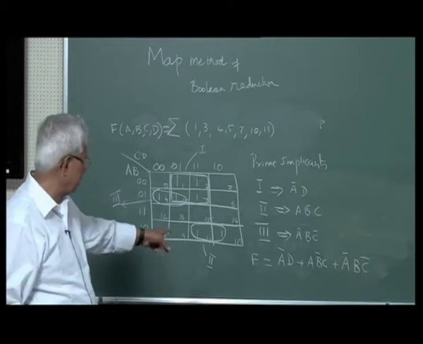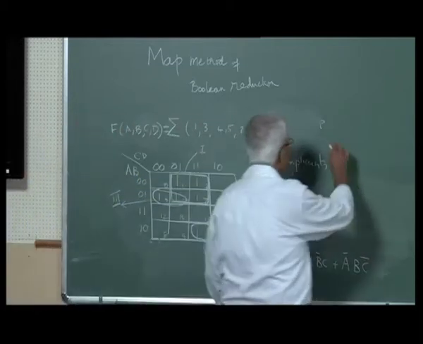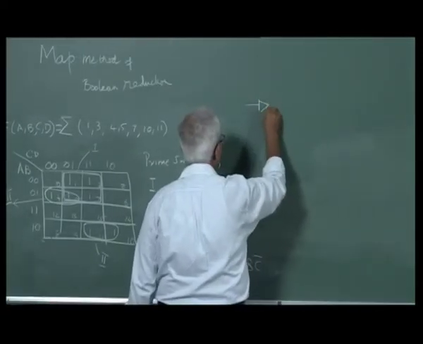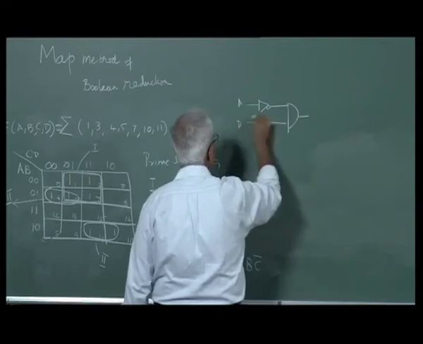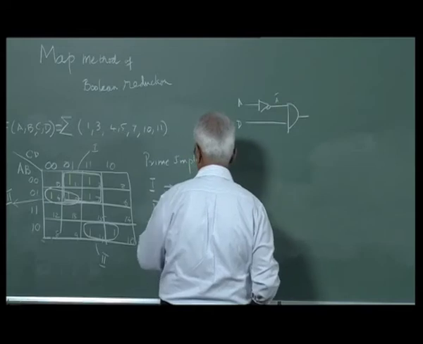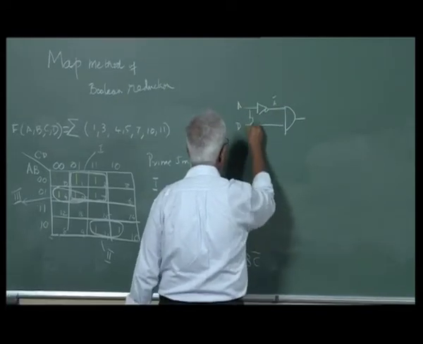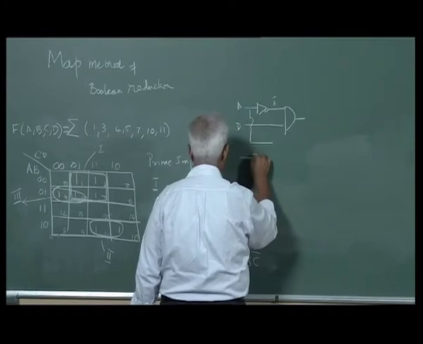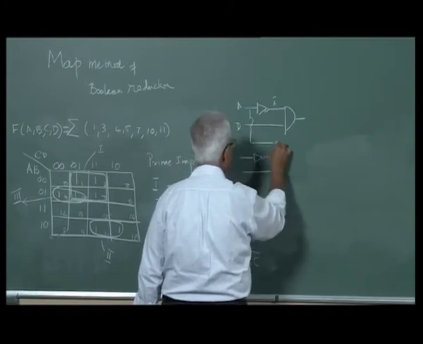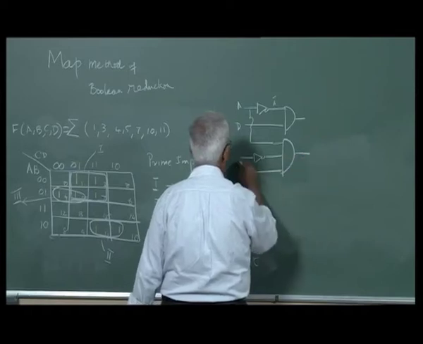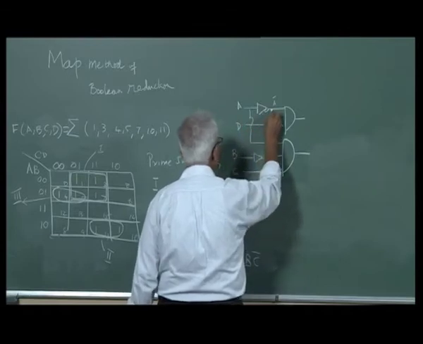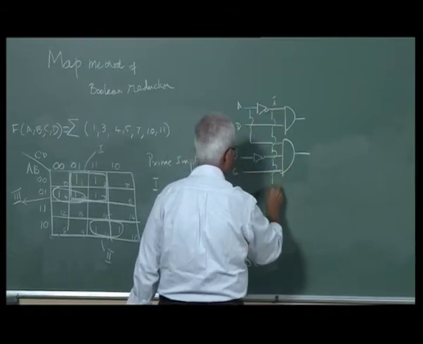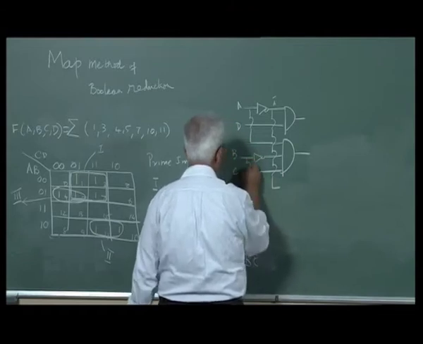I can realize it using 3 gates. This is A bar D, this is A bar, A, B bar, C bar, A, B bar, C, A bar, B, C, A bar, B, C bar.